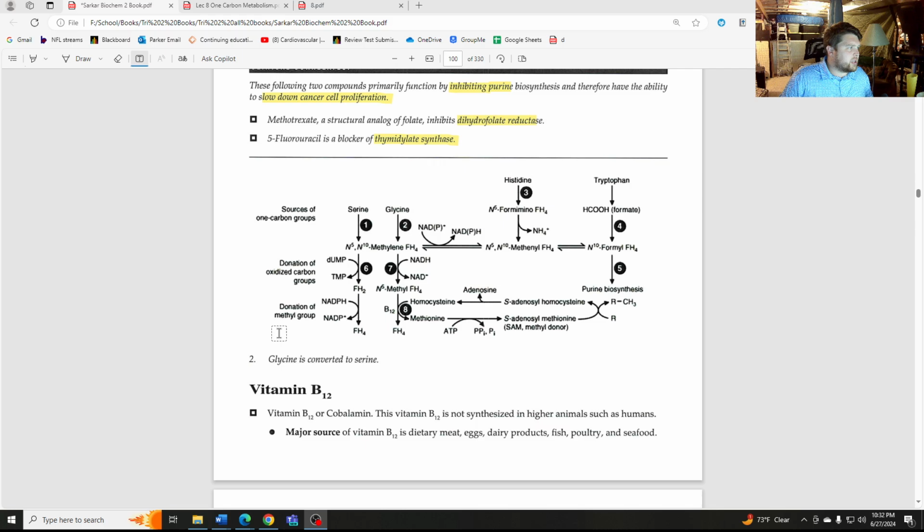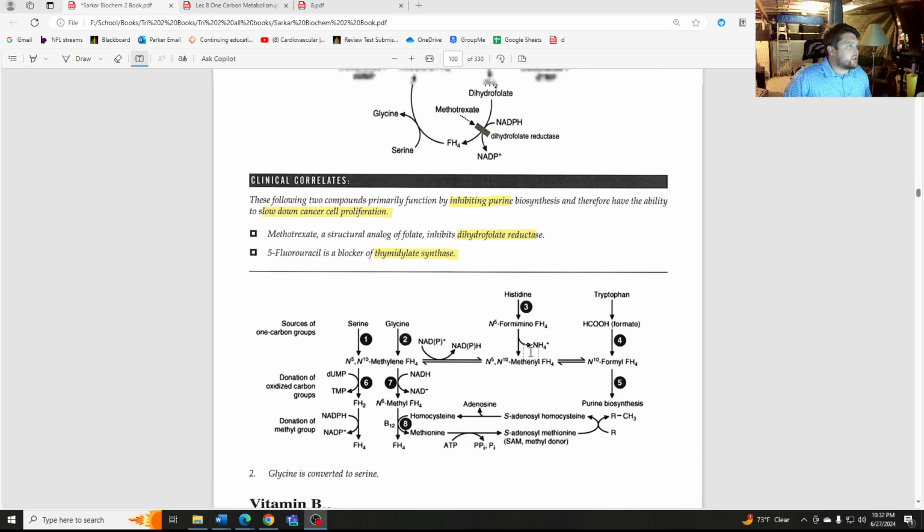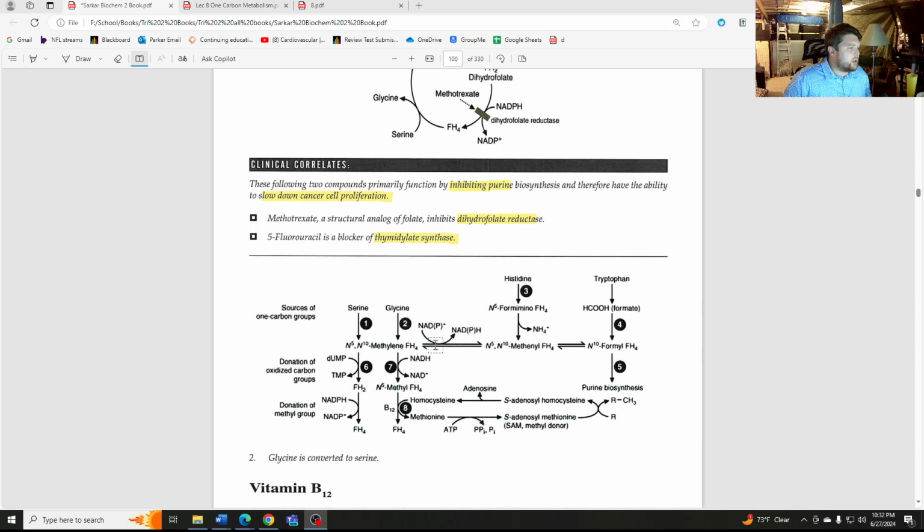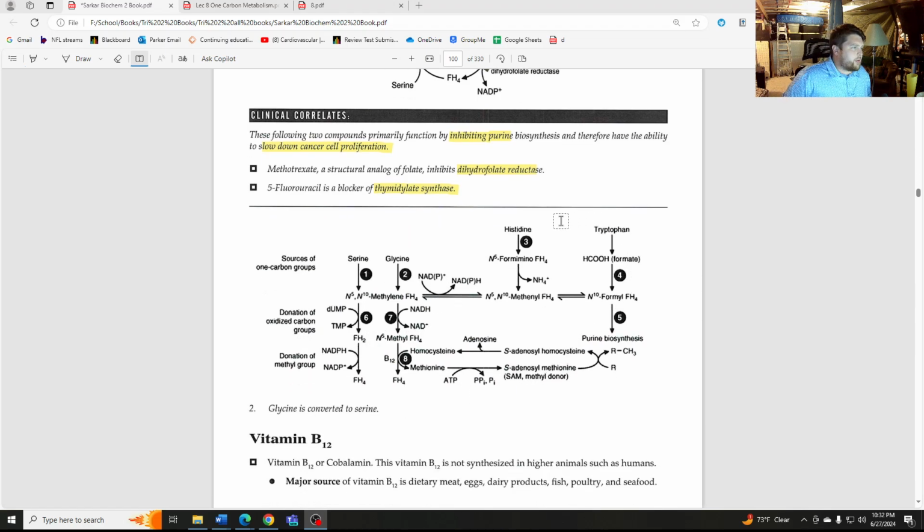Again, this whole chunk, this whole component, we'll work through as well. All of these are the ones that we talked about: the serine, the glycine, the histidine, and this is just how all of these get connected in the formation of purine biosynthesis.